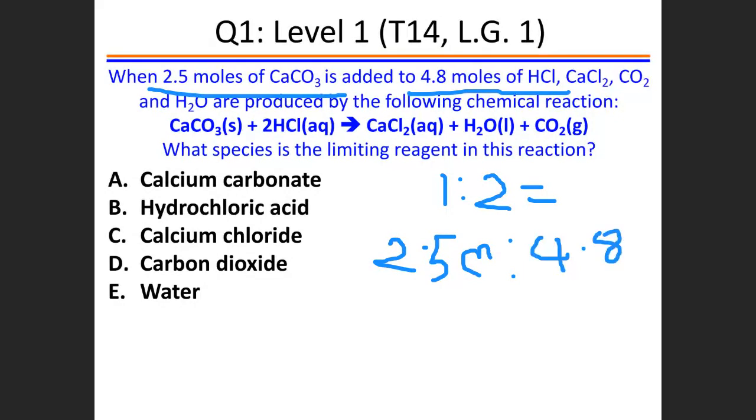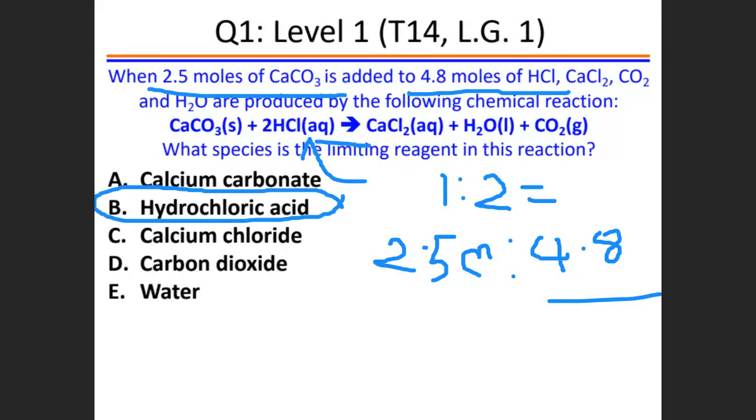So theoretically, if you just use your intelligence, it's very simple: for 2.5 mole calcium carbonate, you need 5 mole HCl, correct? So in this particular reaction, HCl will be the limiting reagent, without any calculation, just from the ratio.